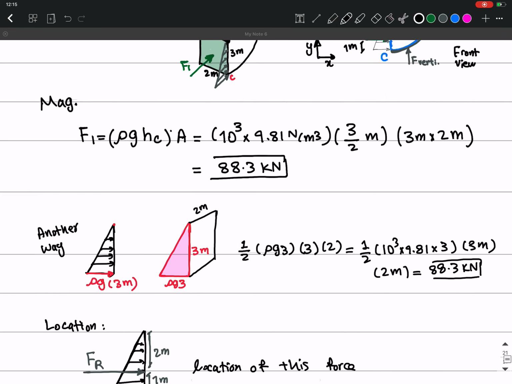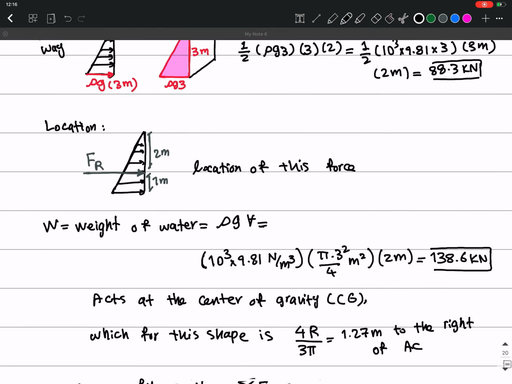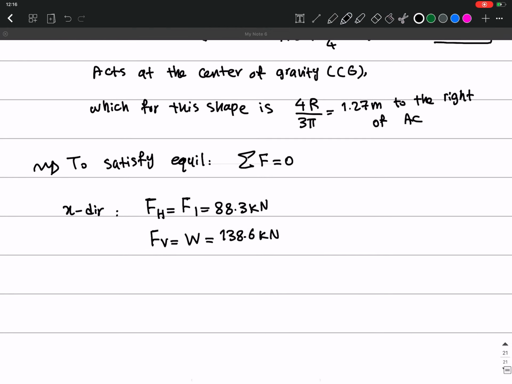So I have found the vertical and horizontal forces that the water exerts on this conduit wall. And now let's calculate the total resultant force.